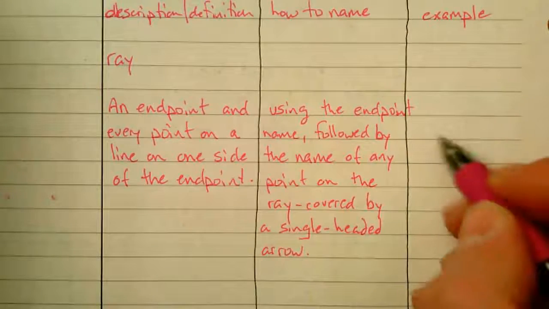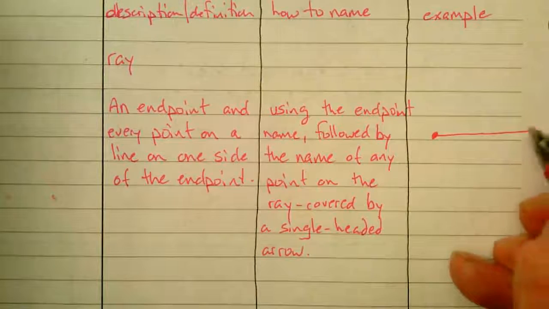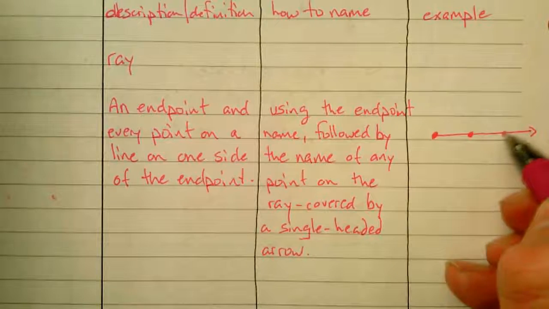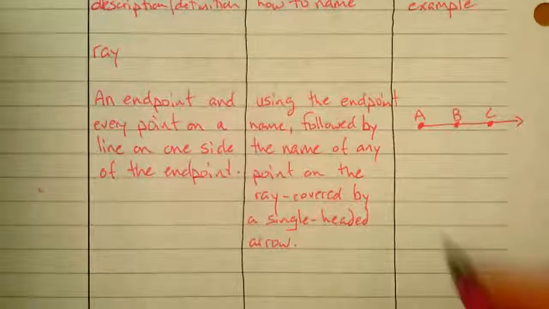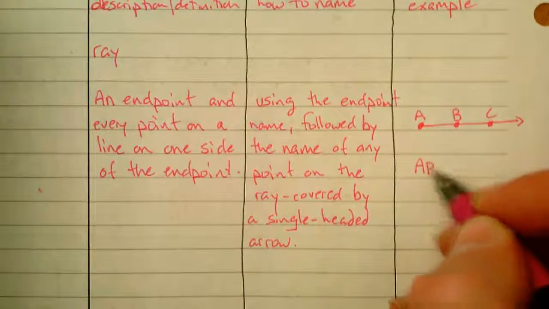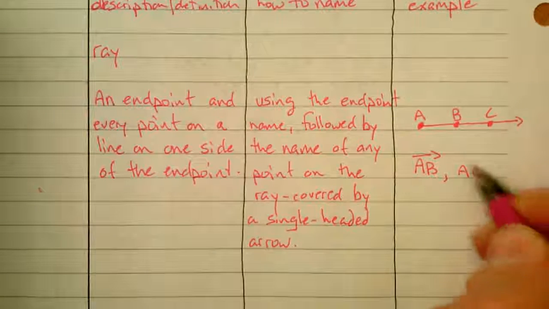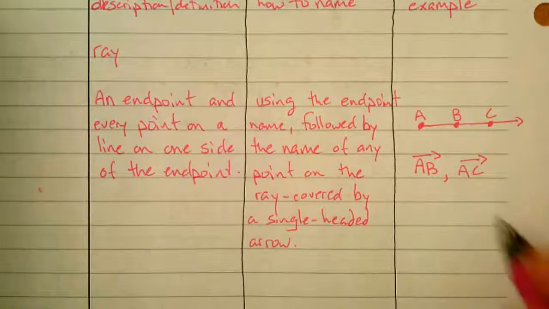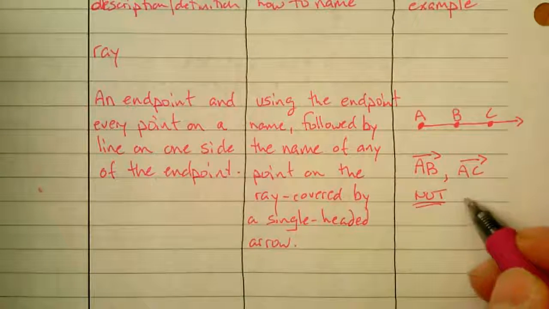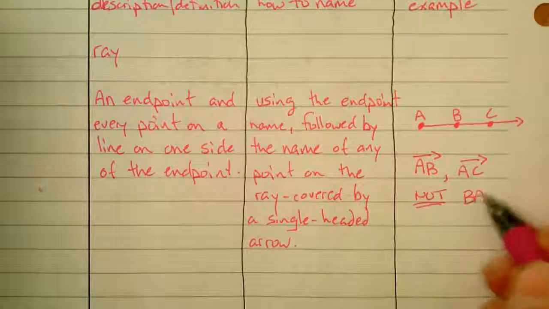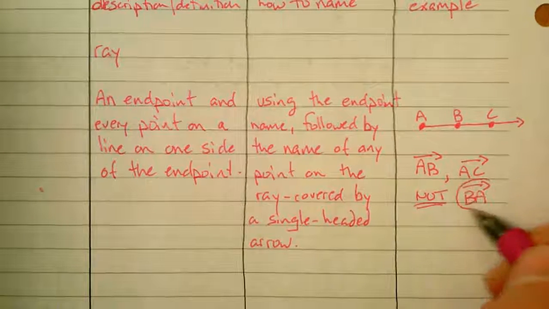So for example, if I had A, B, and C, I could call this ray AB, or ray AC, for example, not BA. You cannot reverse the order on a ray.